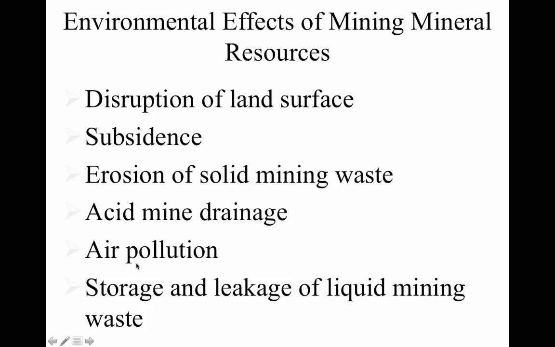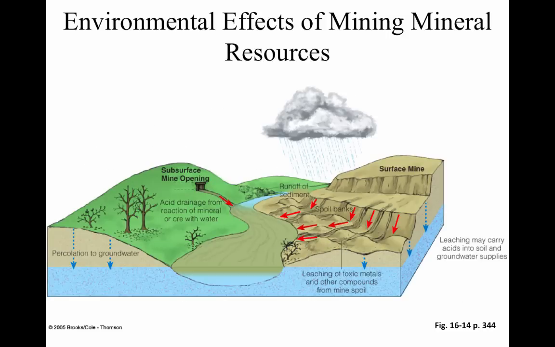Air pollution, not just the vehicles and the amount of fossil fuels burned in the vehicles and performing all these operations, but also if the erosion of the surface, the soil particles could get airborne, then that's an air pollution issue. And then the storage and leaking of liquid mining waste, because they do generate a lot of water-based liquid waste, but it's contaminated, and if it seeps into underground water and stuff like that.